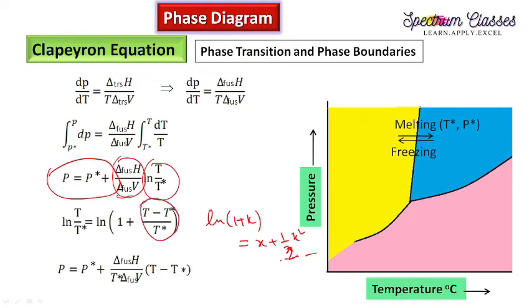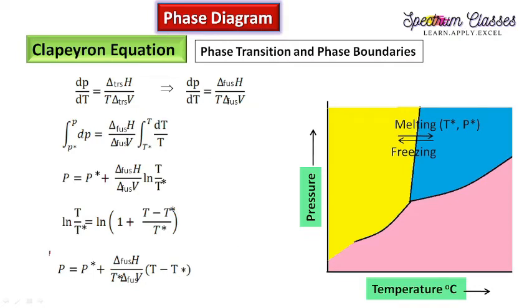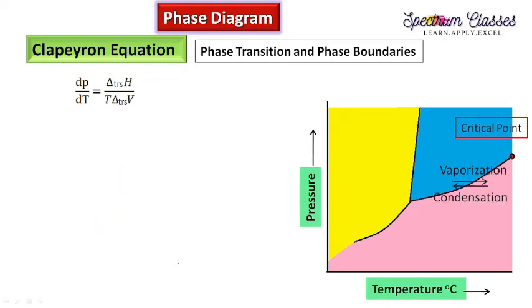It is T minus T star upon T star. In either manner you can write it, right? So this is how the Clapeyron equation can be solved for the solid and liquid phase, where the transition is termed fusion. We will get the value of the pressure on changing the temperature, right? Now coming to the next equilibria.